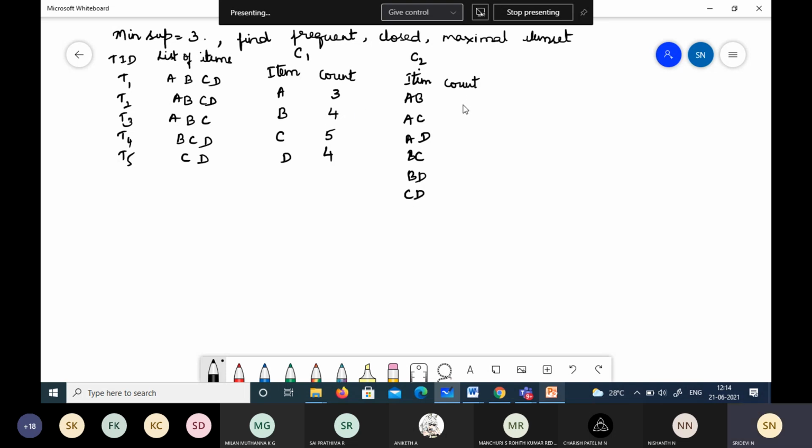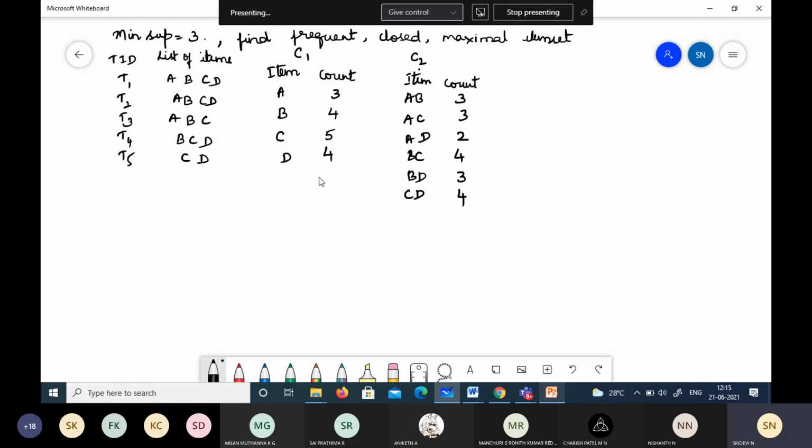Just write down the count for them. AB 1, 2, 3. AC 1, 2, 3. AD 2. BC 4. BD 3 and CD 4, isn't it?